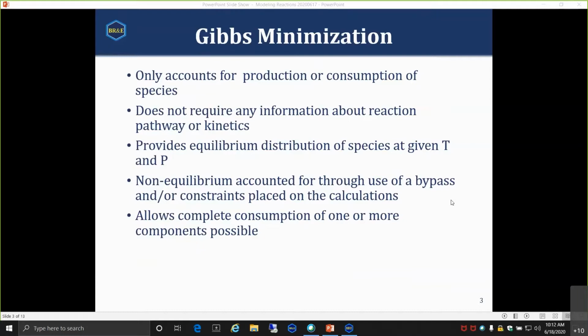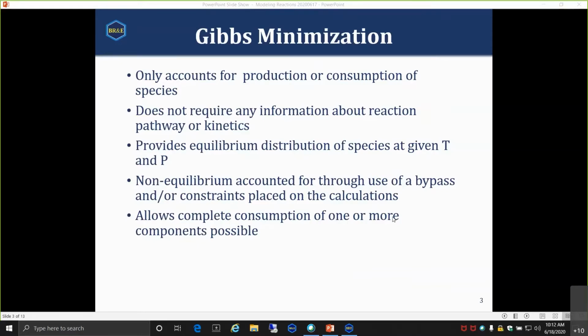Some of the other reactor types have issues when one of the reactants goes to zero, and it just gets very, very hard to solve. And some of those may fail at times. The Gibbs minimization, as long as you're willing to accept equilibrium, will allow for complete consumption of one of the reactants.